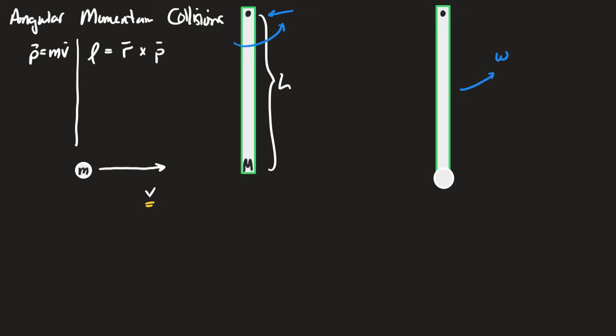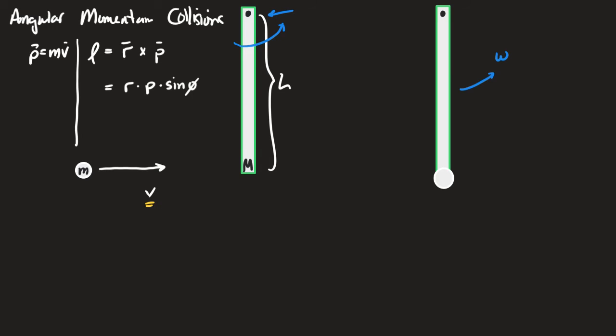Now, as we discussed Friday, the angular momentum can be calculated a number of ways. Right now, the rod has no angular momentum because it's not rotating, but the point mass does. And technically, it's r times p times the sine of the angle between r and p.